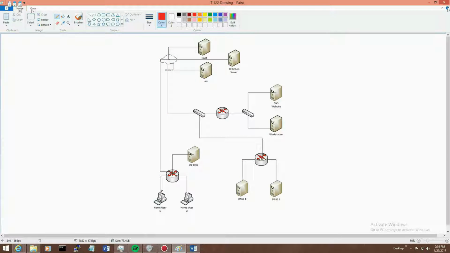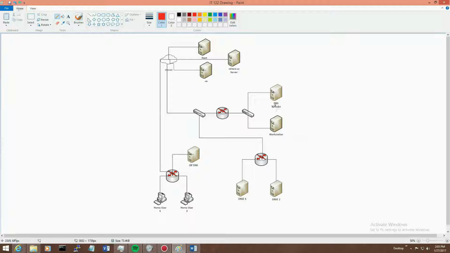The home user then takes the IP address that it's received and goes to connect to our website, going across the internet, back in and around, and it connects to the public IP address of our website. It does not have access to the private range inside of the DNS server over here, only to the public addresses.